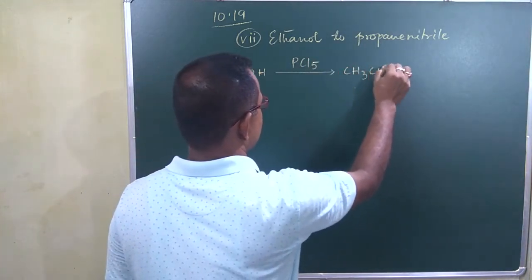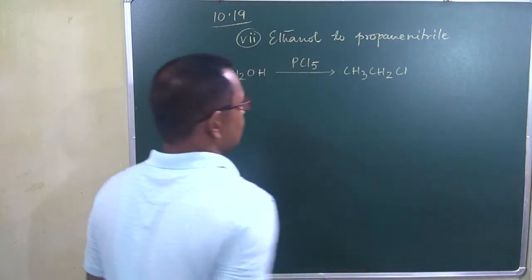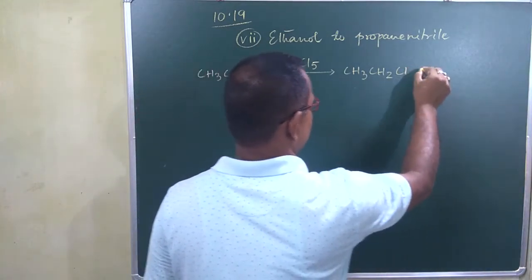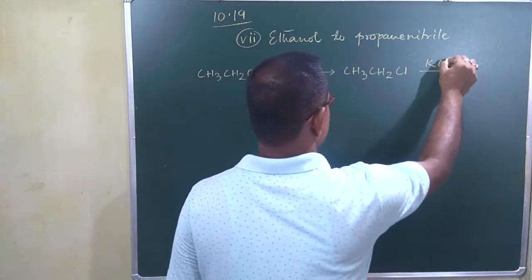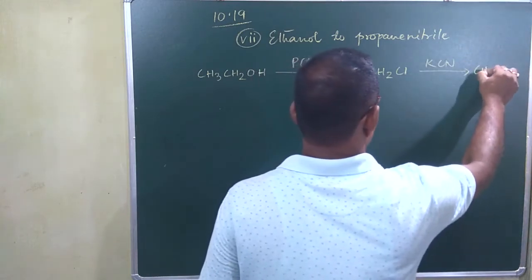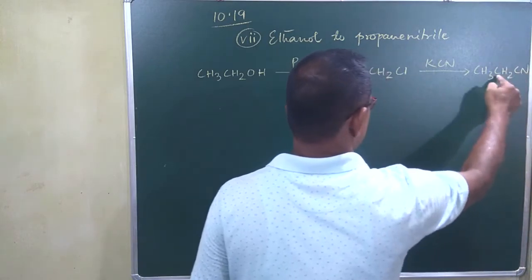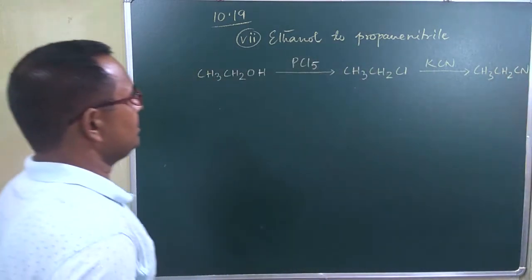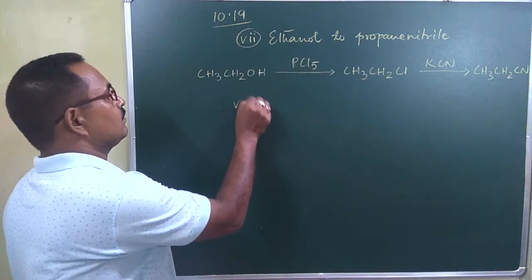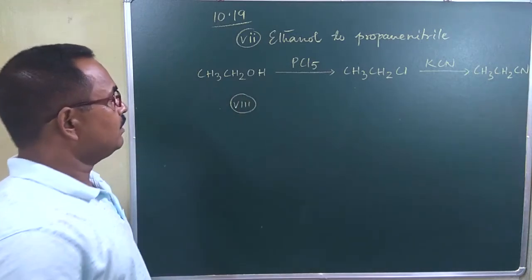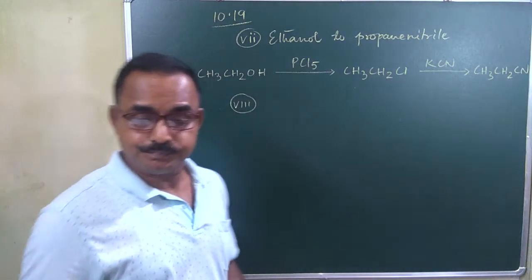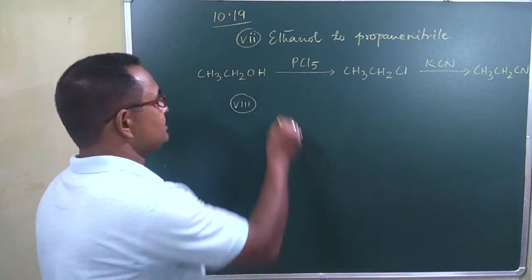You'll get CH3CH2Cl. Now treat with potassium cyanide. CH3CH2CN. This is propane nitrile. Okay. Then number 8. Aniline to chlorobenzene.